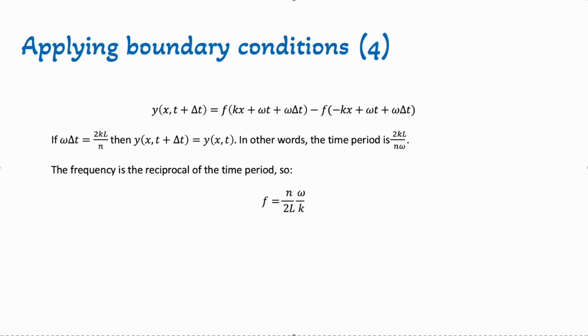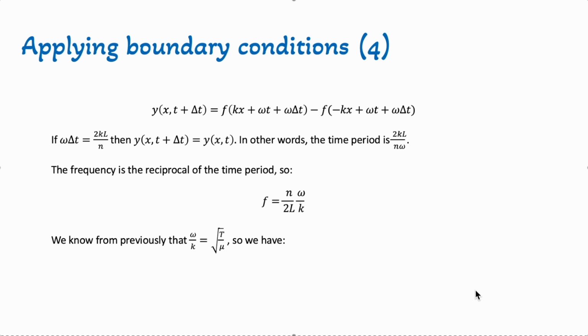But we know what omega over k is. We know that omega over k has to be equal to plus or minus root T over mu. And if we say that omega and k are both positive values, then omega over k is root T over mu.